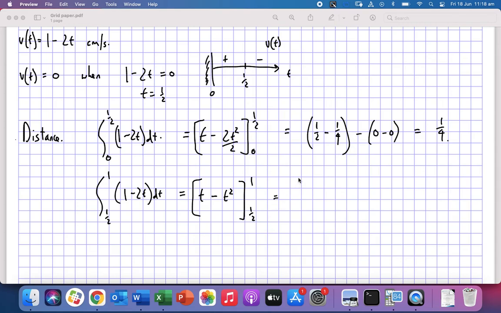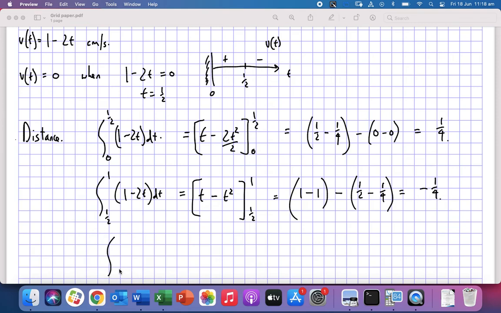Over here, we've got to put ones and halves in. So we're getting 1 minus 1, because 1 squared is 1, minus the same one we've already done up here. So it'll be a half minus a half squared. A half times a half is a quarter, and you get minus a quarter, right? So again, your displacement will be 0 because you'll have a quarter plus minus a quarter.